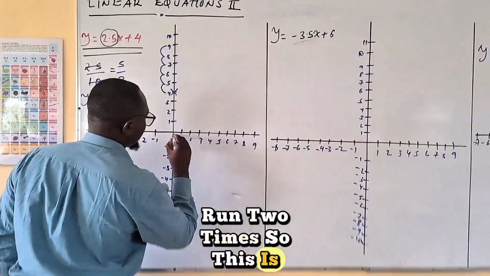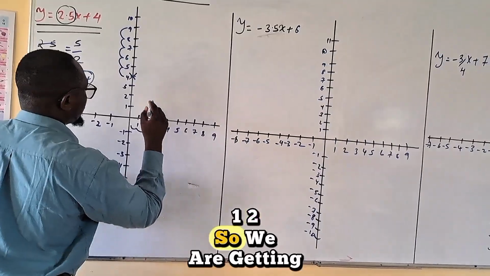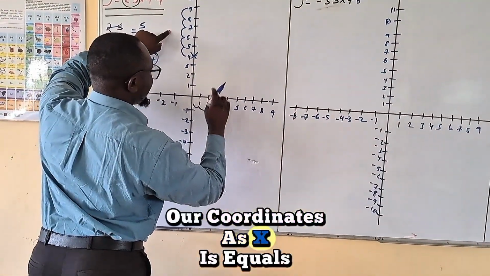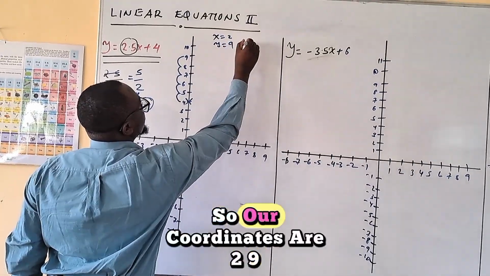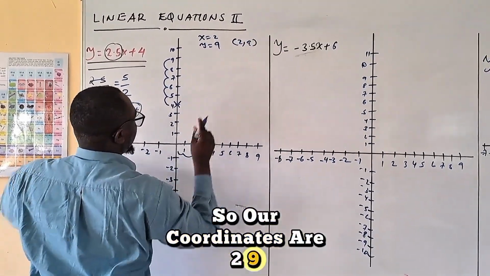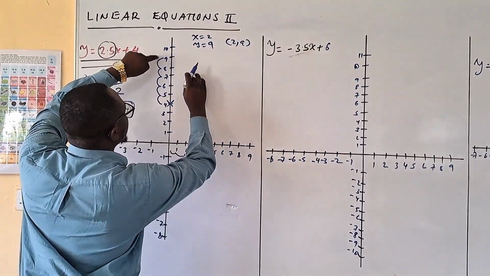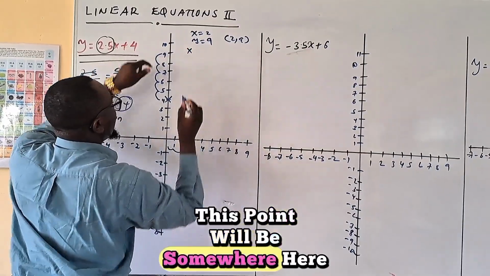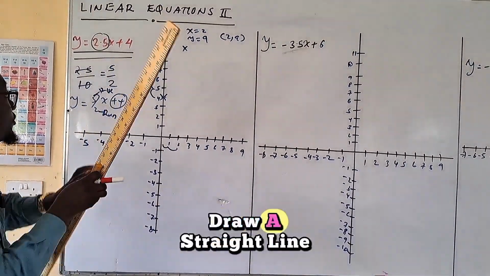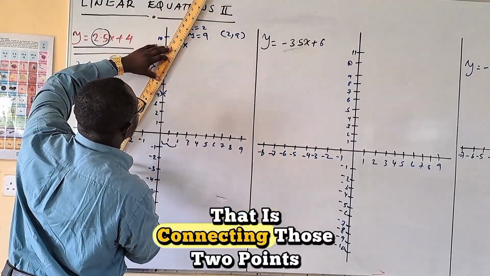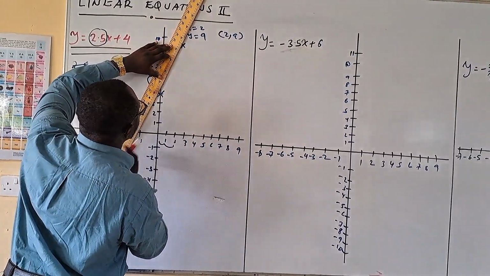So this is 1, 2. So we are getting our coordinates as x is equal to 2 and y is equal to 9. So our coordinates are (2, 9). And as you can see, this point will be somewhere here. And once we have the second point, we can now draw a straight line connecting those 2 points.